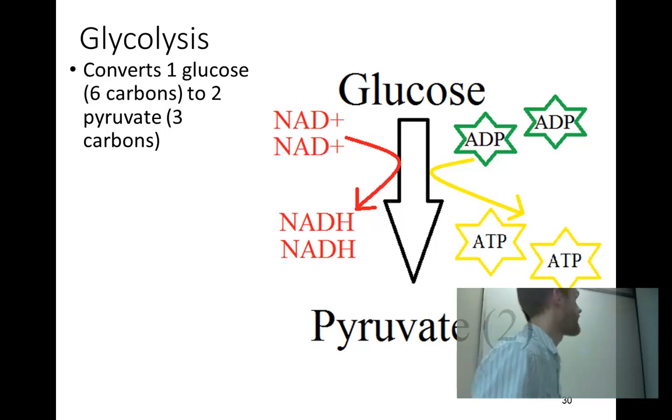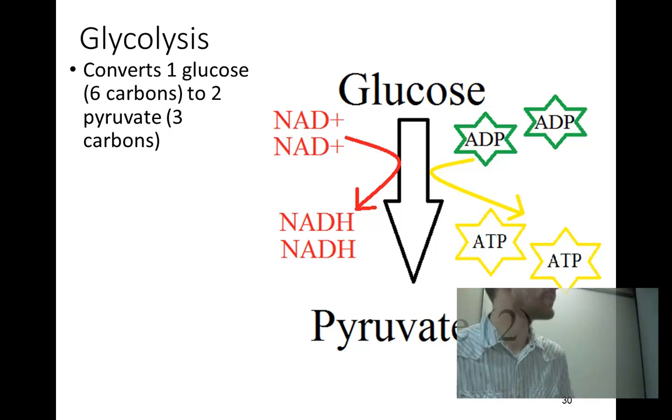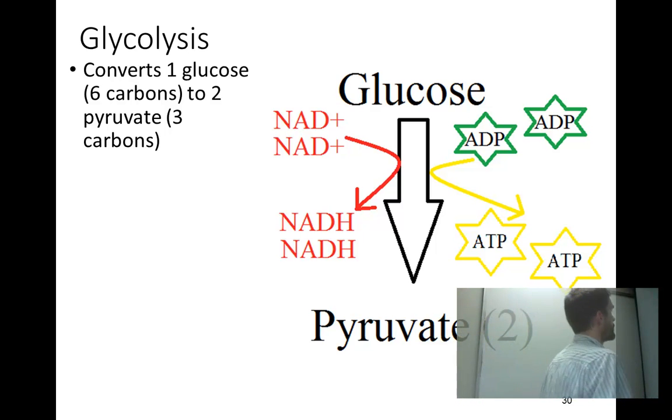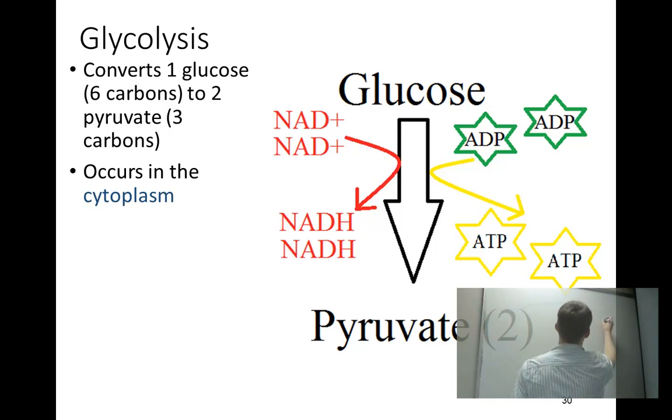Okay. Glycolysis. Again, you're cutting glucose molecules. And glucose is a 6-carbon molecule, and you're going to cut it into two 3-carbon molecules called pyruvate. This occurs in the cytoplasm. So I'm going to do a little drawing with this. All I'm going to draw is, this is a cell.